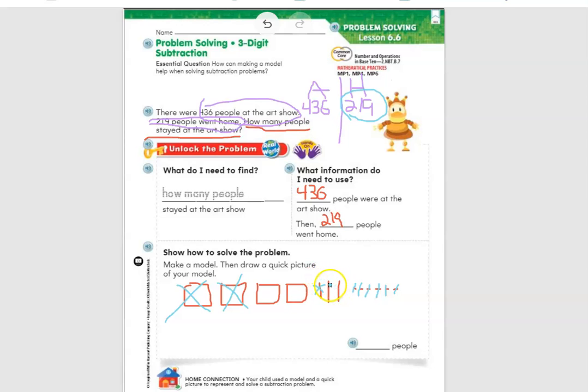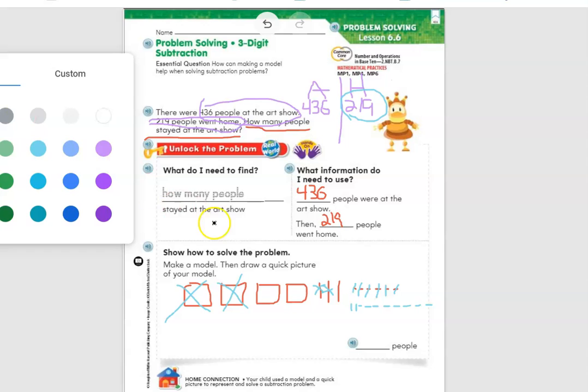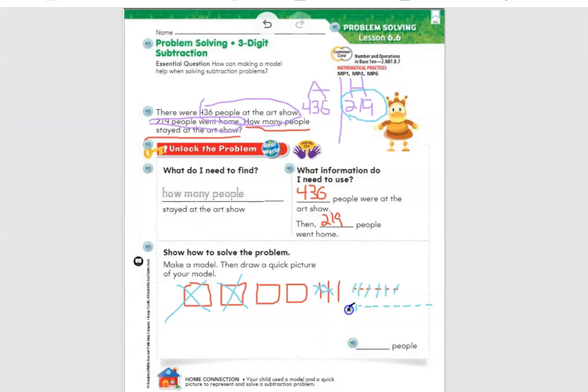So I have no other choice right now but to take another 10, cross it off, and make 1, 2, 3, 4, 5, 6, 7, 8, 9, 10. I changed it because I didn't want my lines to confuse you with tens. All right, so now I crossed off 6 and I've got to cross off, I'm going to change the color again just so you can see, I've got to cross off 7, 8, 9.